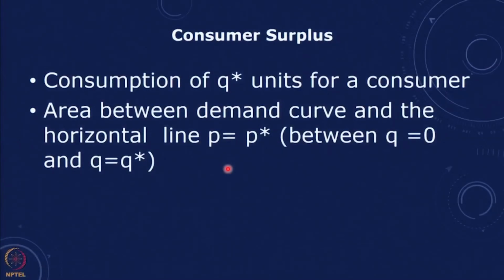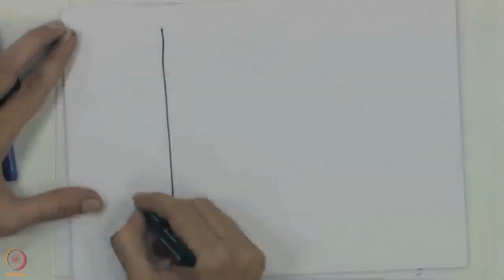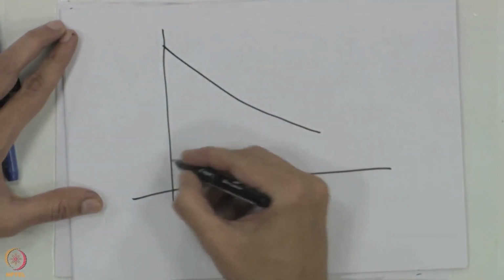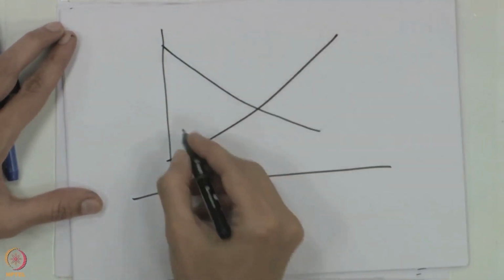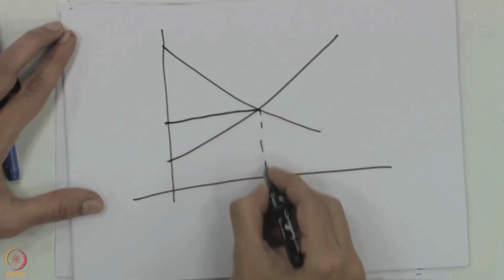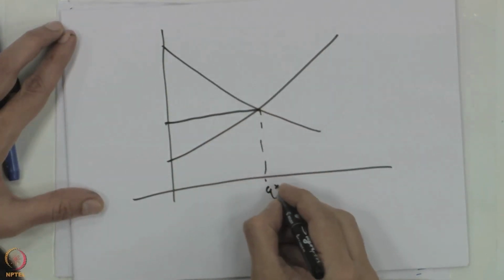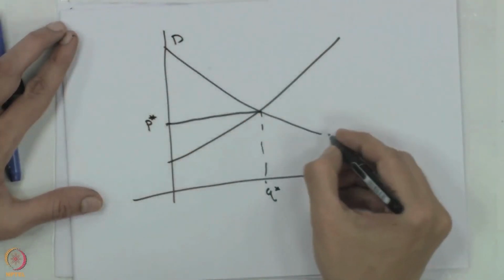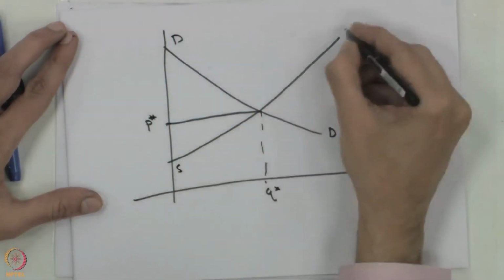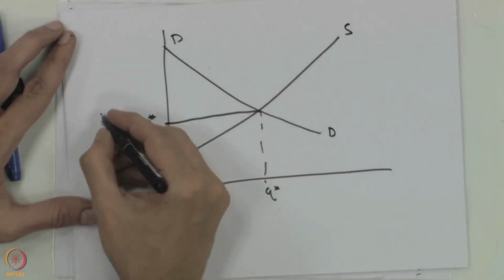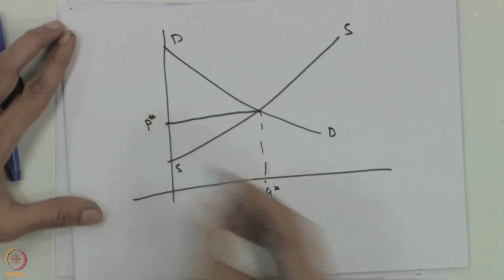And in a similar fashion, we can show the producer surplus. So, we can draw this, and here now again we have Q star and P star, and this is your price and quantity.